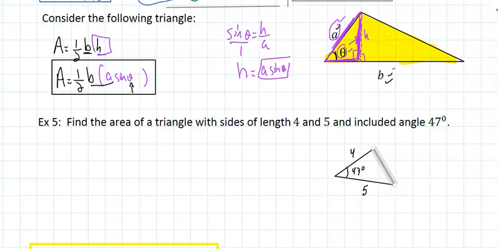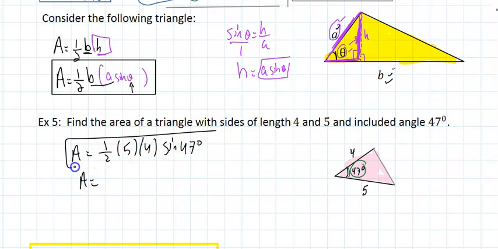If you want to find the area of this triangle, since I'm given the two sides and the angle included between, I know automatically area would be 1/2 the product of the sides times the sine of the angle between them.